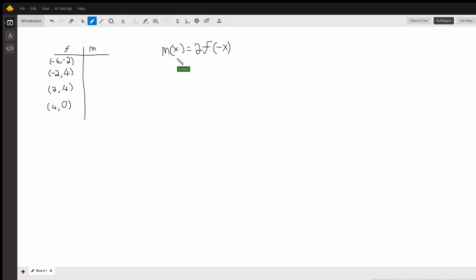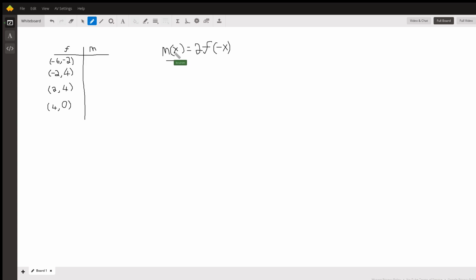Okay, so we see that m is defined as this alternate version of f, and so to get m, we need to have an x value for f, and it goes through some other functions, and it gives us an m of x value.